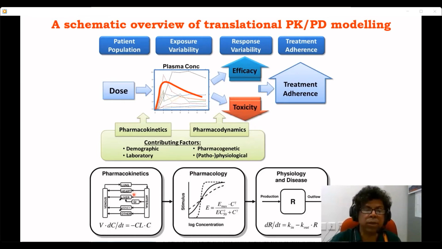And then see the volume of distribution in the different tissues in the body, like lung, heart, liver, etc. And then find out the pharmacology part, what is the concentration of the drug in the blood. And finally, derive a mathematical model where you can give the appropriate dose of the drug. This particular branch is now called pharmacometrics, and this is now a part of precision medicine.